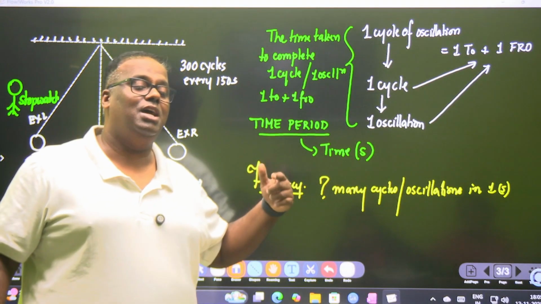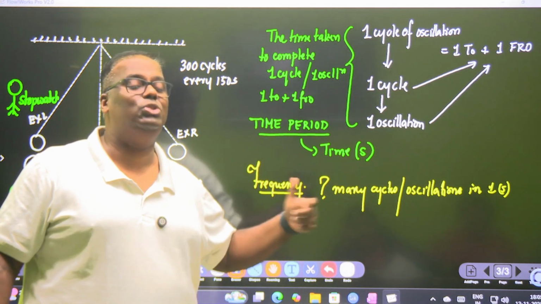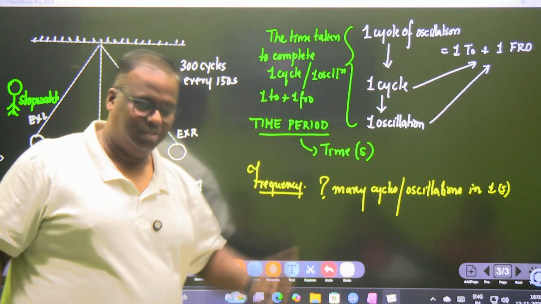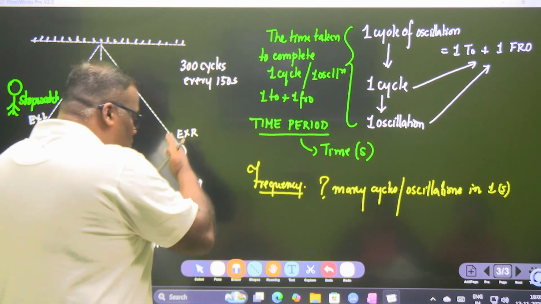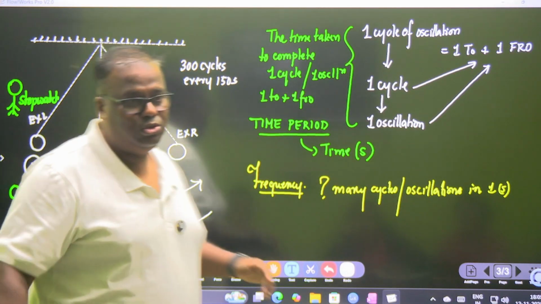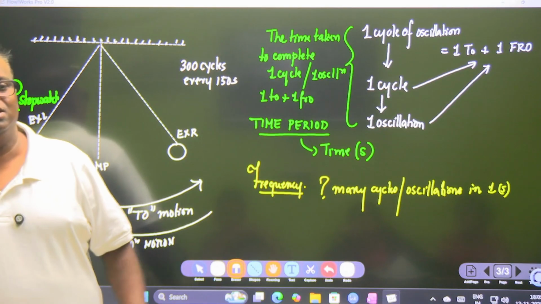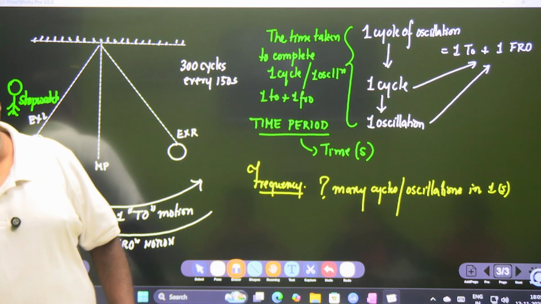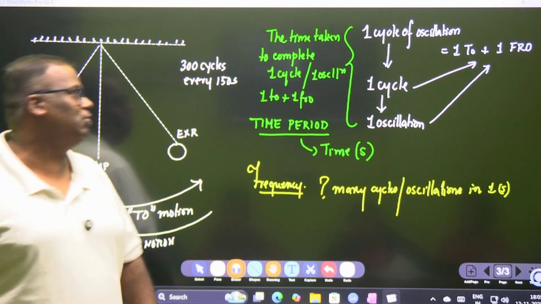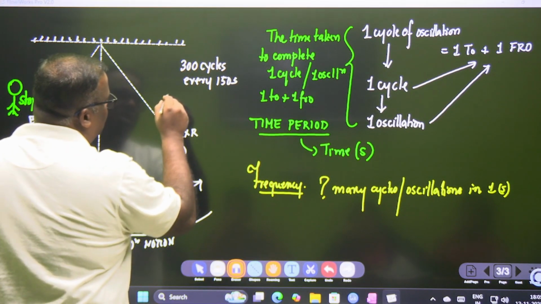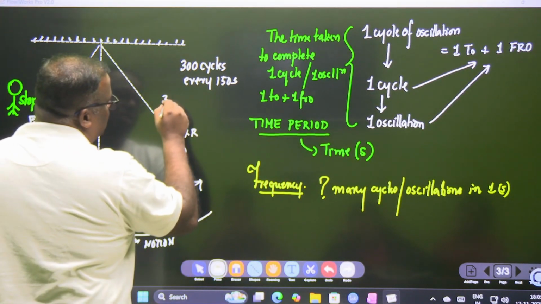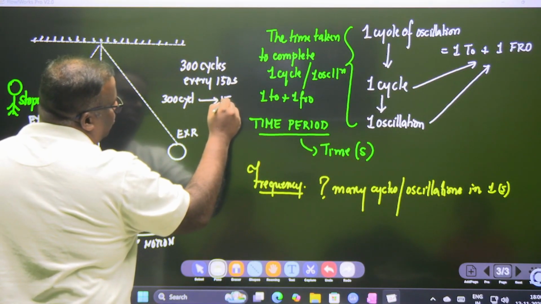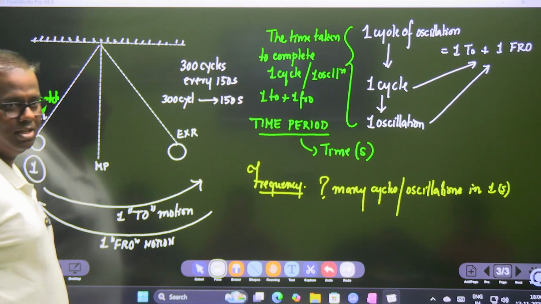How much time did you take to complete one cycle? So how to do this problem? If you do it in the unitary method, you will say it like this. 300 cycles took 150 seconds.